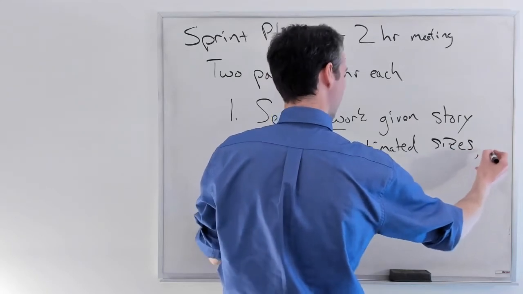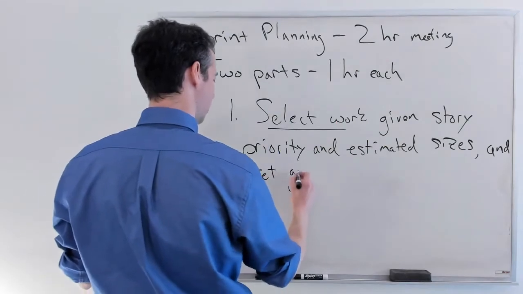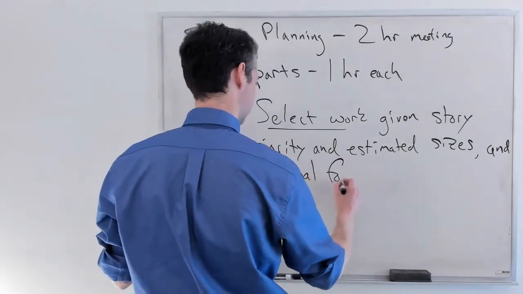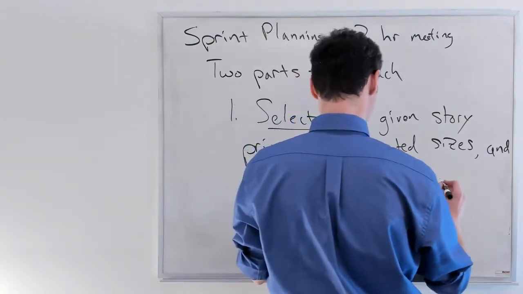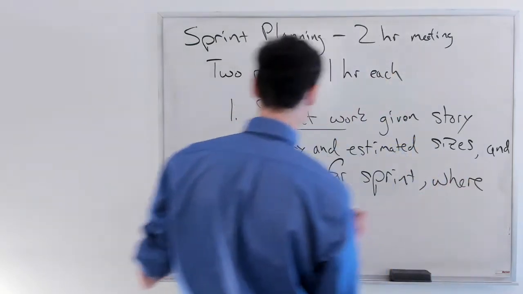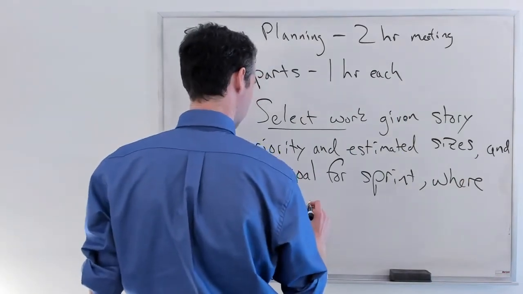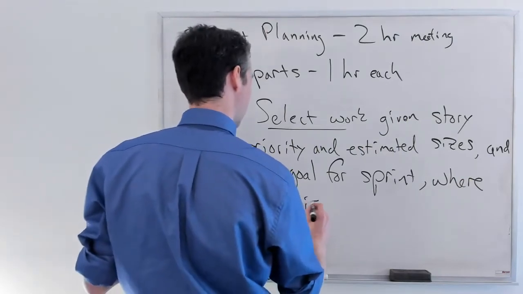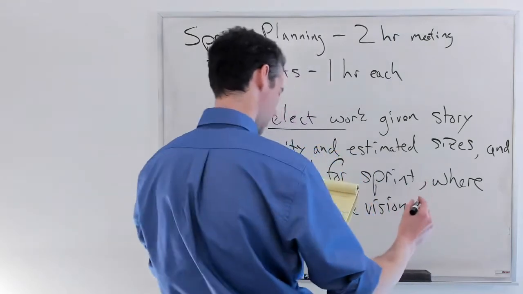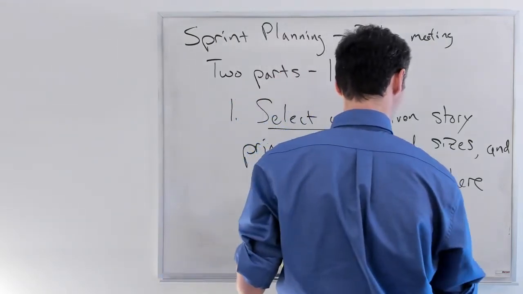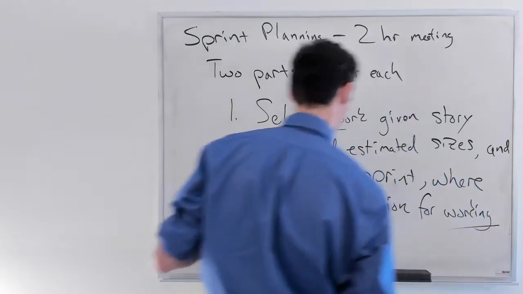Okay. And as well at this meeting, the team sets a goal for the sprint. And the sprint goal is really all about what is the vision for the completed software at the end of the sprint. Or we'll say the working software, okay?